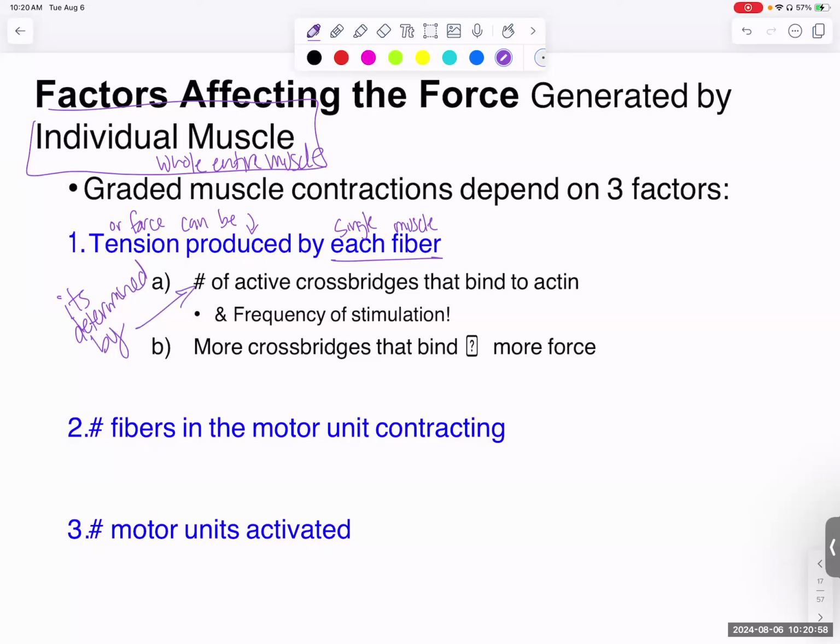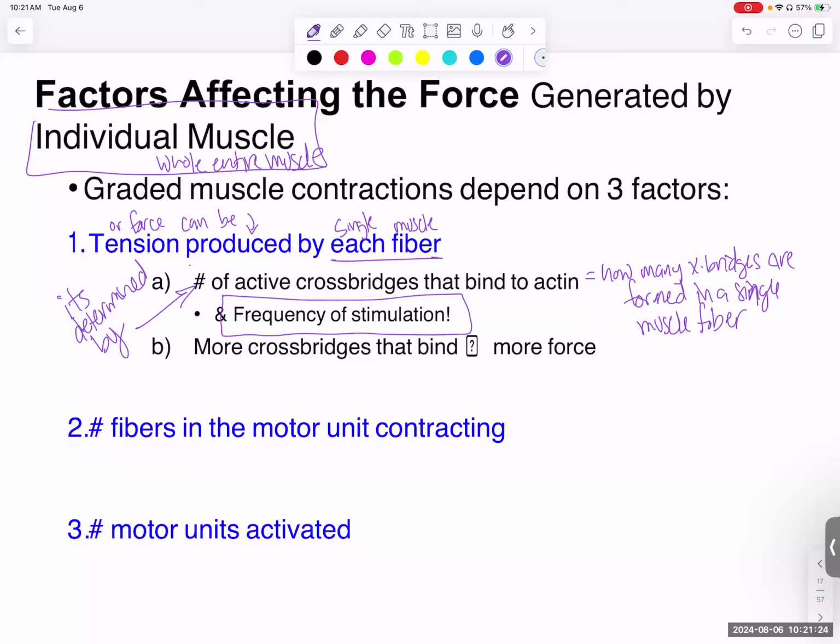It's determined by the number of active cross bridges formed. How many cross bridges are formed in a single muscle fiber? What determines this? The frequency of stimulation. So it is determined by the frequency of stimulation of the lower motor neuron.